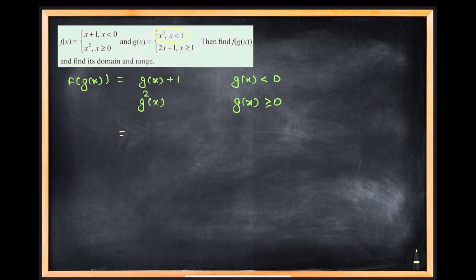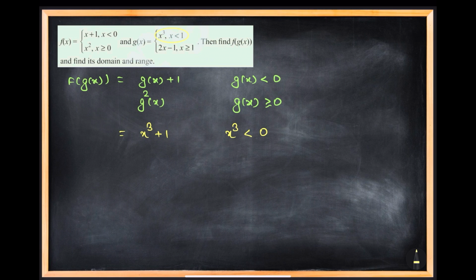Okay, so look at how I am writing. Ignore everything else, just replace g of x with x cube. Okay, now it is x cube plus 1, and then we will have x cube smaller than 0.